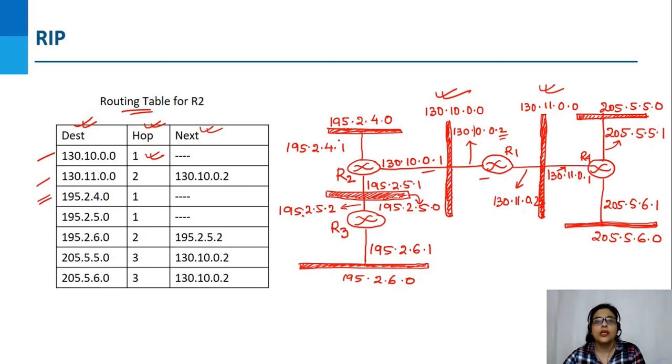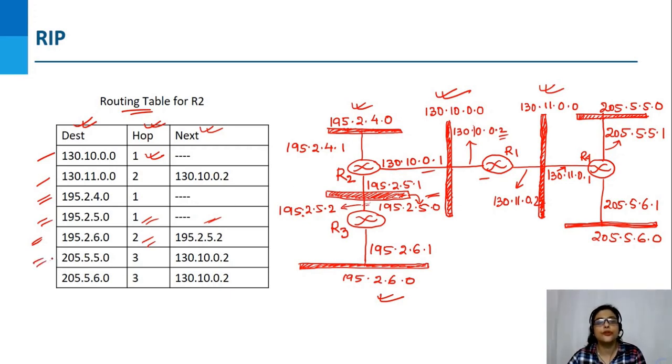In order to go to this destination 195.2.4.0, this one, it can go via a single link. In order to go to 195.2.5.0, here we have this network. Again, router R2 is directly connected to this. So we have a hop count of 1, and the next node field is blank. 195.2.6.0 is here, and the router R2 can go to this network via two links, and the next link address will be 195.2.5.2 because this is the interface through which it can move.